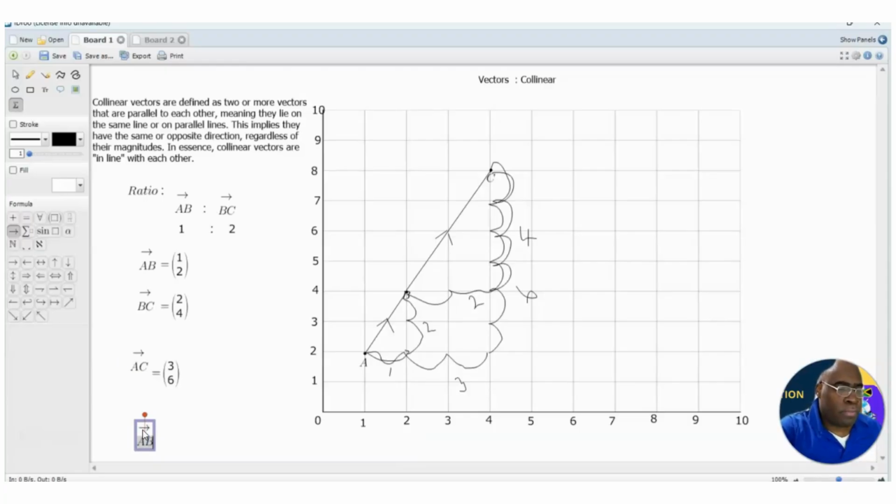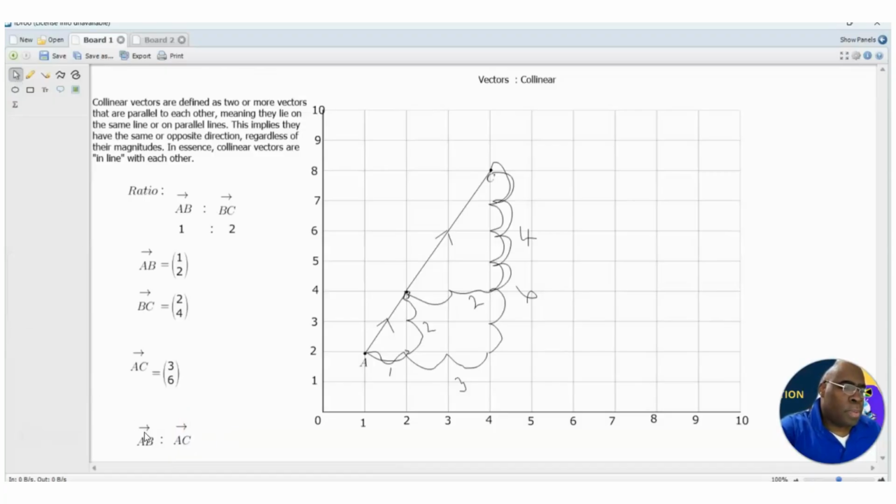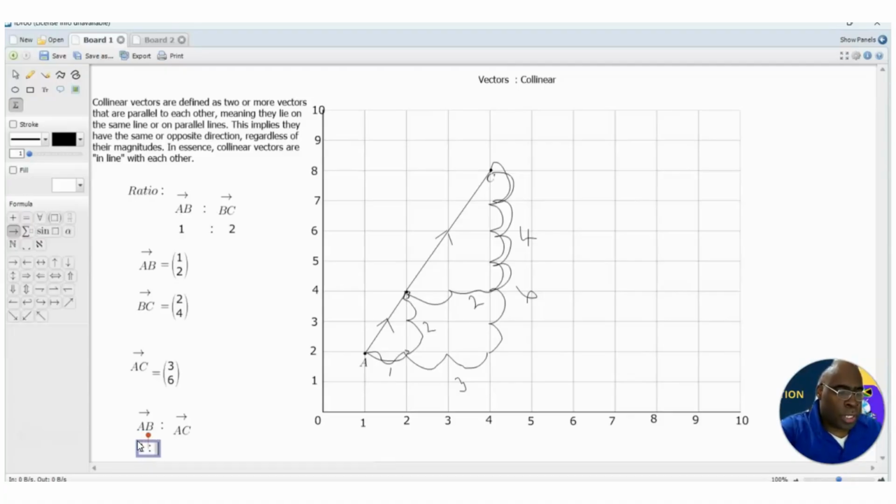So we look at AB, and the ratio to AC, and the ratio this time is 1 to 3.